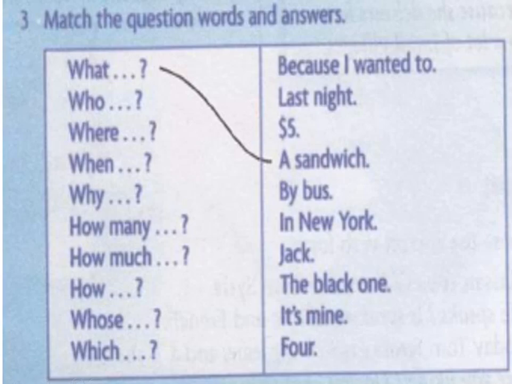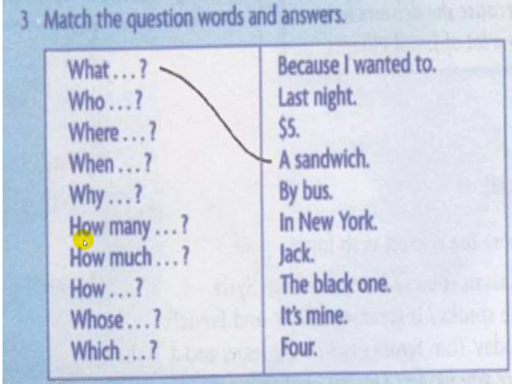Match the question words and answers. These are question words with the WH word. What? The answer is a sandwich. Who? Jack. Where? In New York. When? Last night. Why? Because I wanted to. How many? 4.